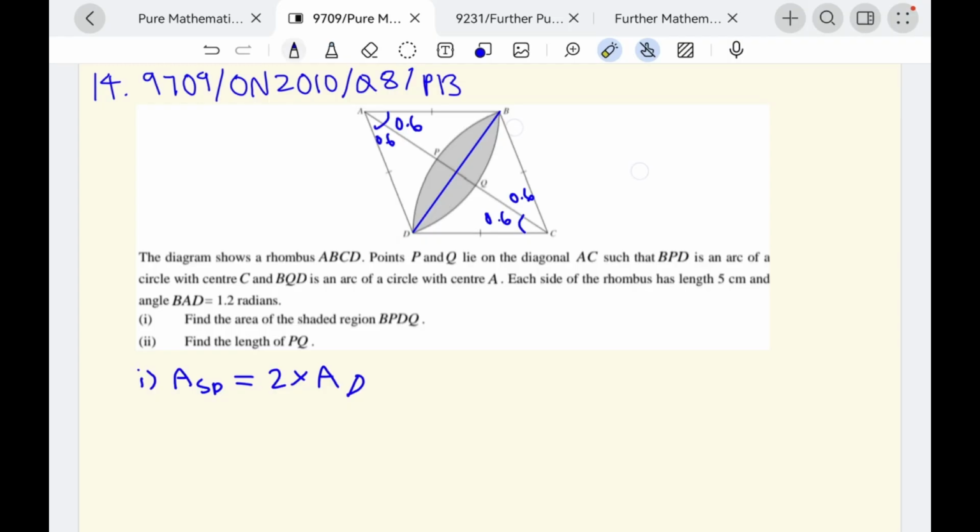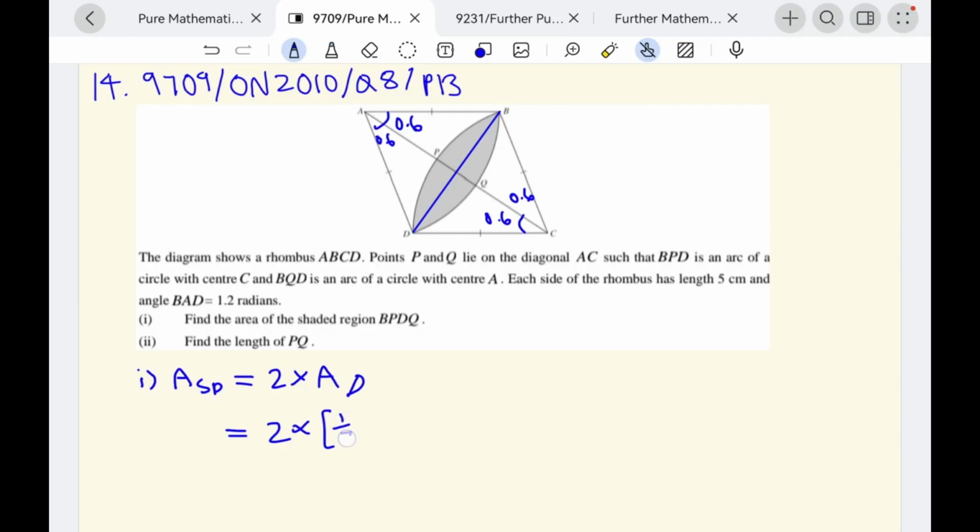So what is the formula for the area of a segment? Half r squared, theta minus sine theta. Why sine theta? Because it is derived from the sine rule for the area of a triangle.